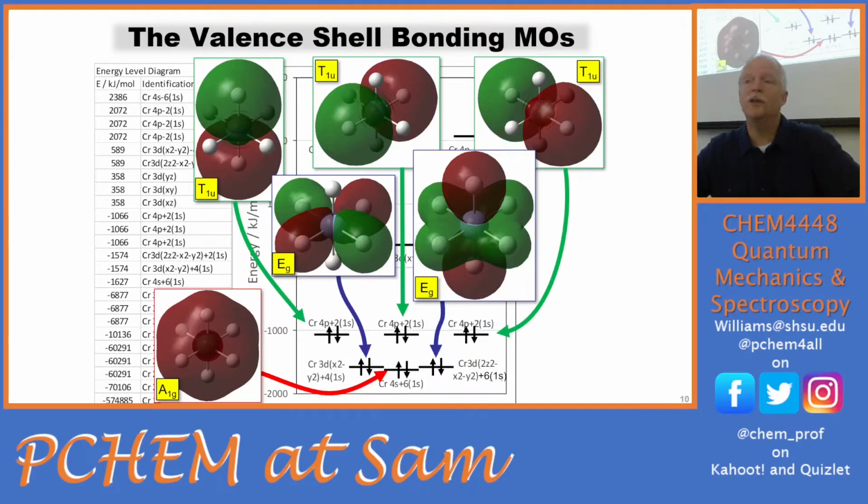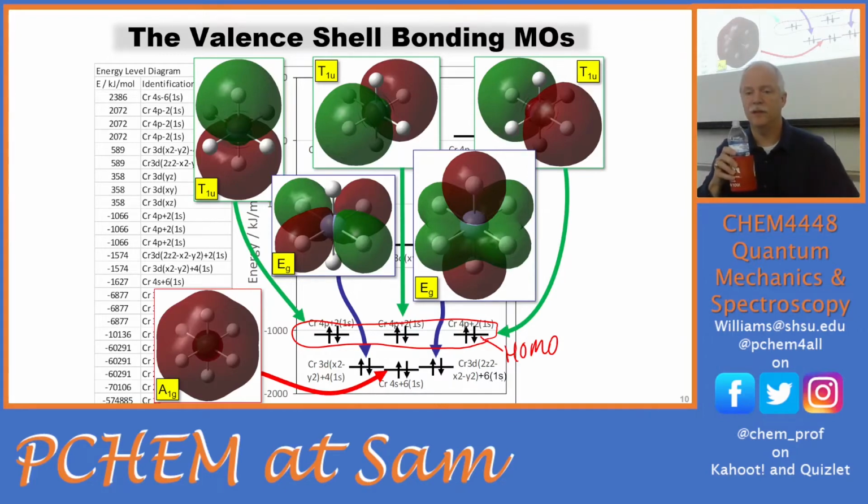So just to reinforce that, whichever one is the highest one that's occupied, that's the HOMO, the highest occupied molecular orbital, and it's triply degenerate. So it's all 3 of these. Let me pause here with all the occupied orbitals and ask if there are any questions.